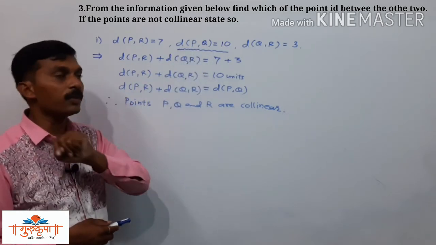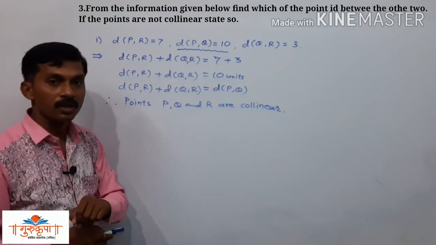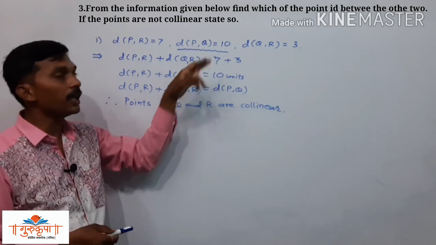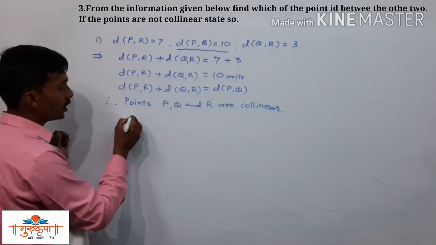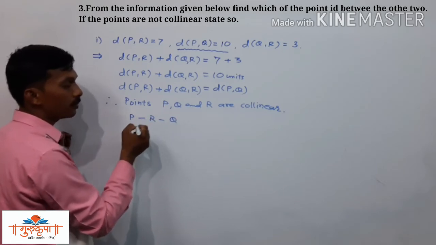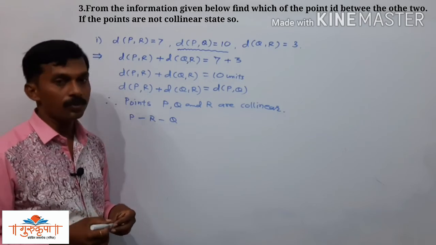Only one point is remaining, and that is R. So since P and Q are the end points, R lies between P and Q. So here we can write, R is in between P and Q.